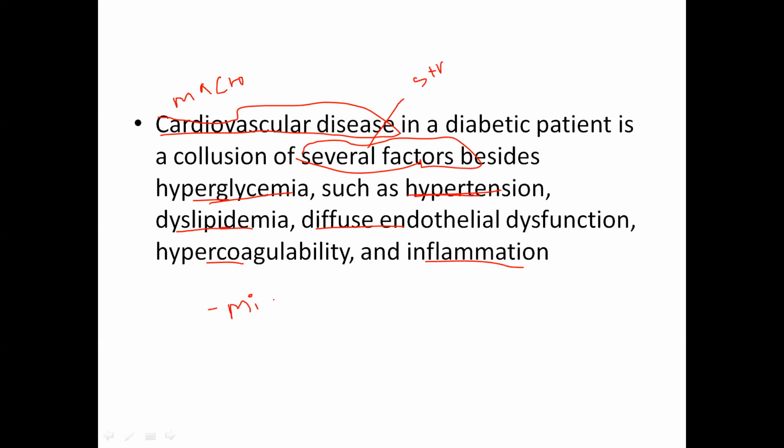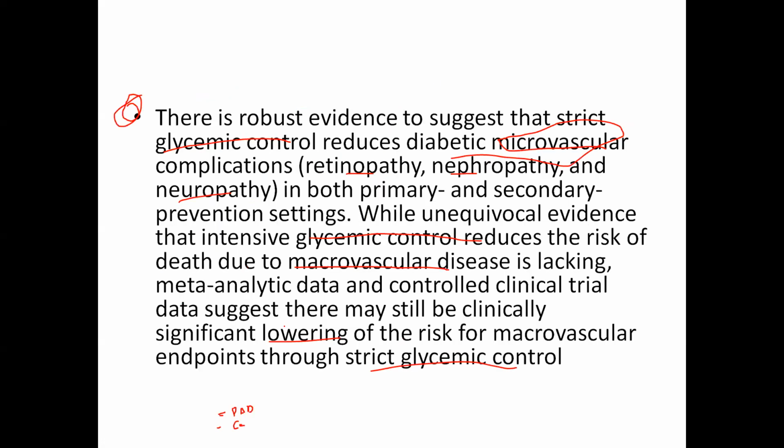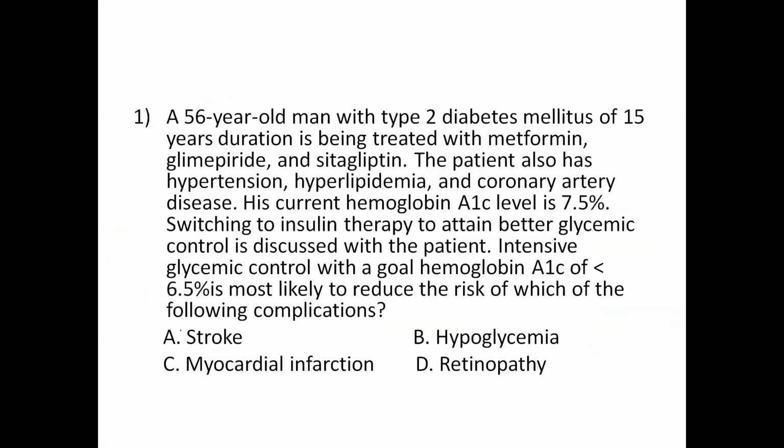So when we go to the microvascular complication, only strict glycemic control is enough to reduce those small vessel complications of diabetes mellitus. So the answer is, a stroke, which is a cerebrovascular accident, is one of the macrovascular complications. So we have another factor instead of hyperglycemia alone.